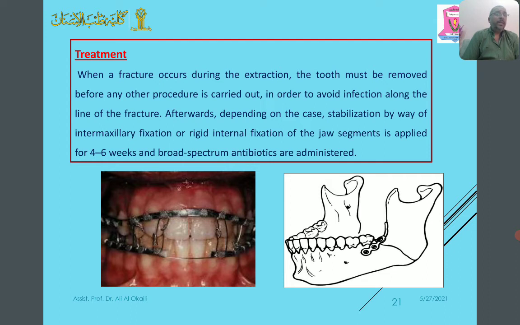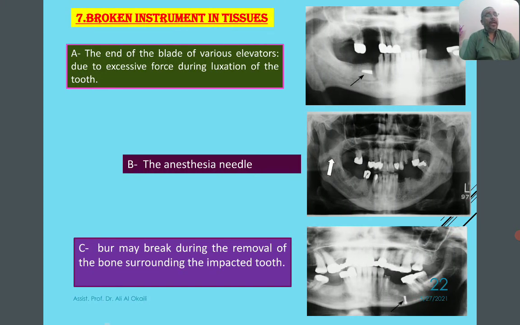Afterward, depending on the case, stabilization of the fractured pieces of bone, either by intermaxillary fixation or rigid internal fixation of the jaw segments, is applied for 4 to 6 weeks, and broad spectrum antibiotic coverage should be prescribed.